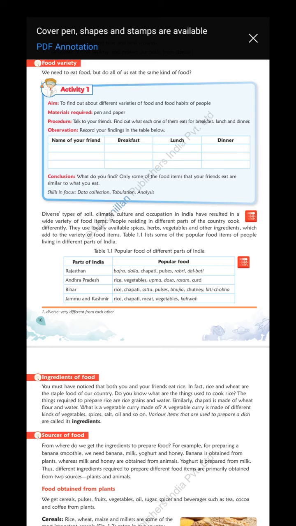In Rajasthan, people eat bajra, dalia, chapati, pulses, rabri, dal baati. So in that manner they eat different items. Mostly they eat chapati, and wheat and maize components, those types of grains. Why?